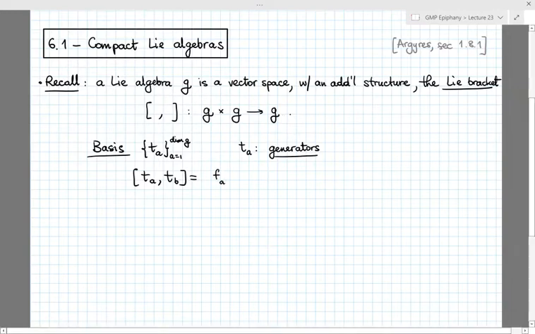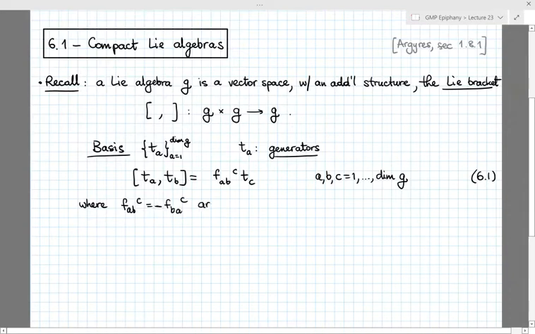And this linear combination is f_ABC times T_C, where here A, B, C again run from 1 to the dimension of the Lie algebra. And f_ABC, which are antisymmetric in the indices A and B, because the Lie bracket is antisymmetric, are real structure constants.